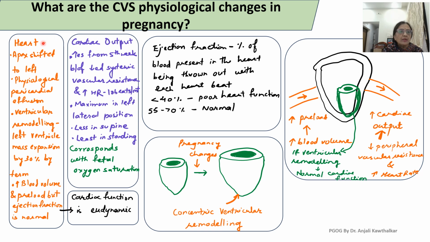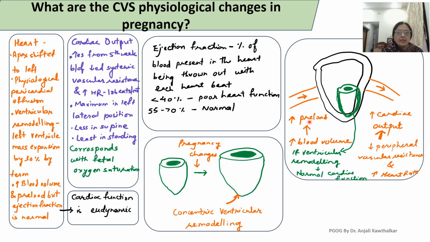So related to heart, the main thing is there is a shifting of the apex to the left, and the heart itself rotates on the left long axis and deviates to the left. There is a physiological pericardial effusion. What is most important, and as a terminology which you should always be using whenever we are discussing physiological changes, is ventricular remodeling.